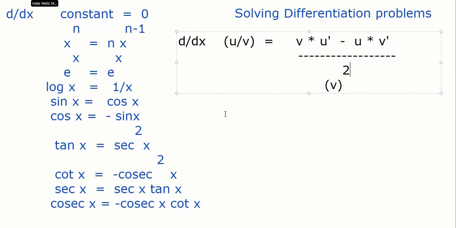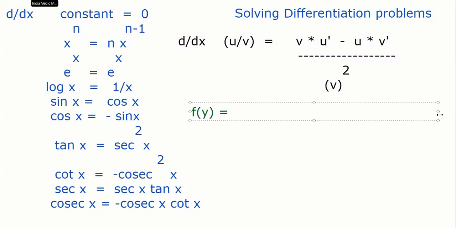For example, let's do an example now. Suppose your quotient is this. Let me write the quotient in green. Suppose my function is, let's say, sin y by y.